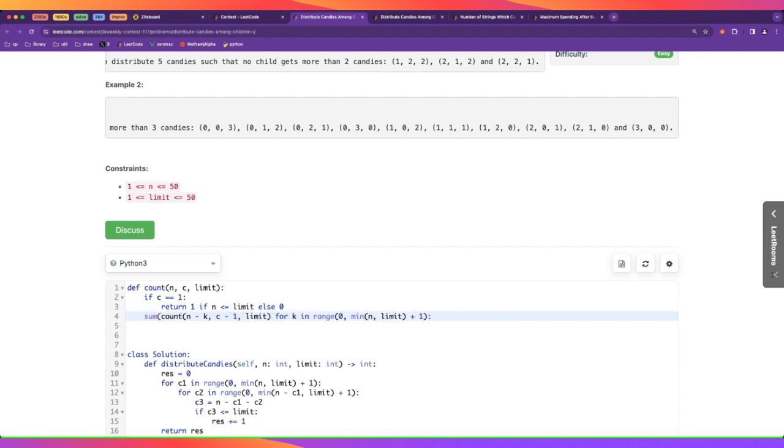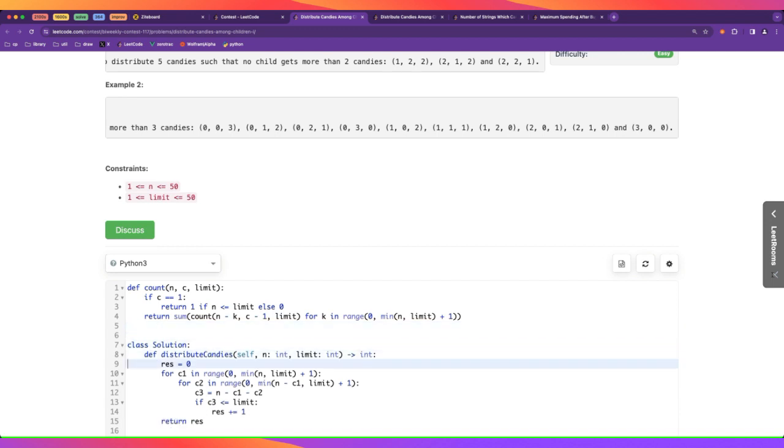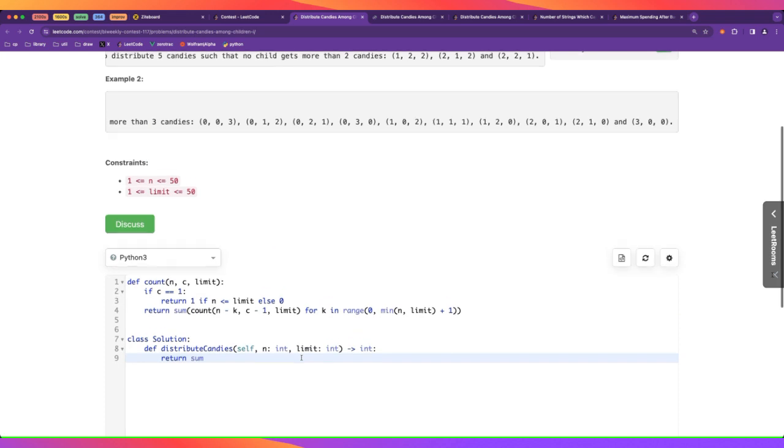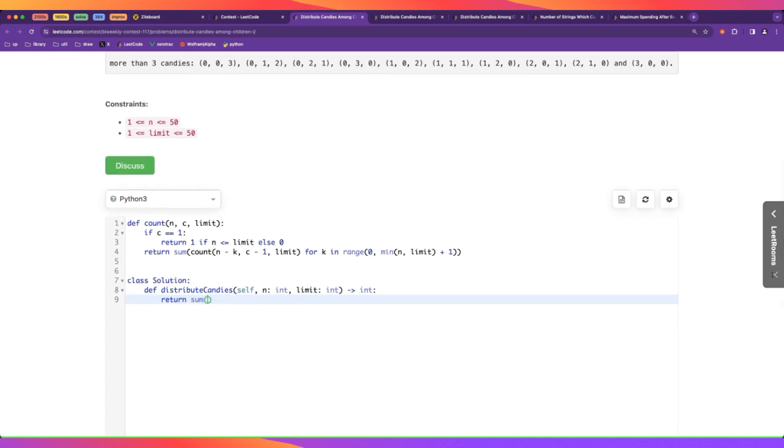So we want to add all the possibilities for that. And so this would be our recursive function, and here we just want to return the count for n candy, 3 children, and with that limit.